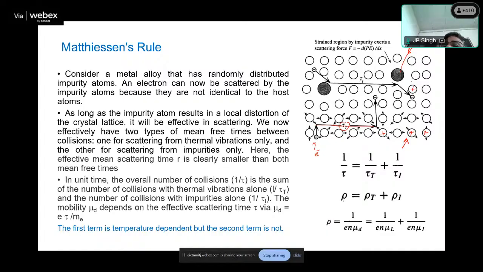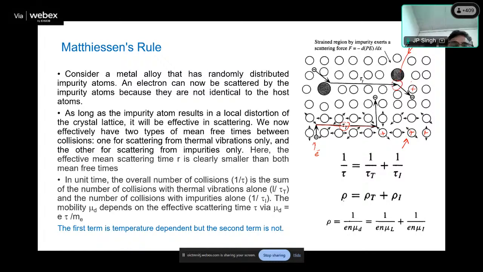Because of that, the nearby lattice will get distorted. So we have two scattering events: one because of the lattice, and the other because of the impurity at this position.